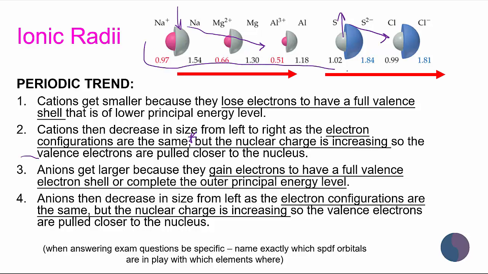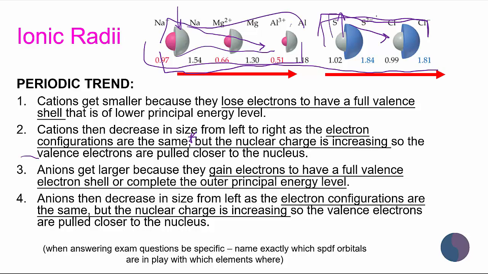These actually all look the same, electronically. But the nuclear charge is increasing, so the valence electrons are pulled closer to the nucleus. These guys have all gained the same shell, so their electron configurations are the same. It's just the nuclear charge that is different, and same with these guys.